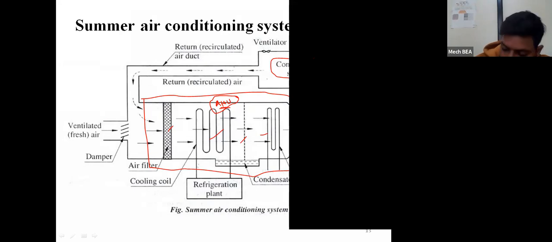Roll numbers 1 to 5 absent, 6 present, 7 absent, 8 present.